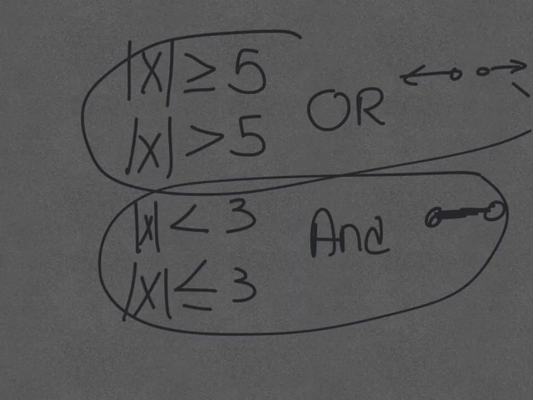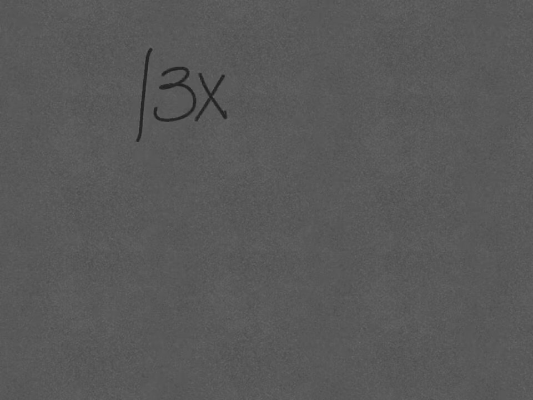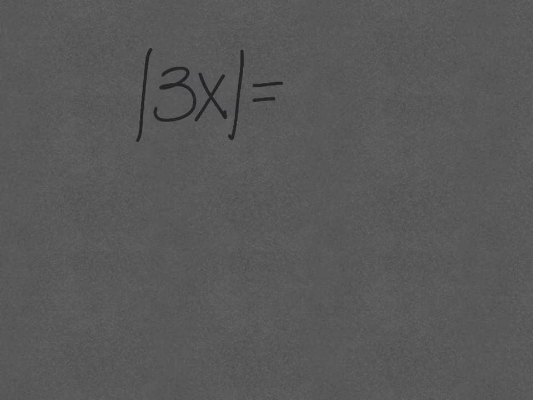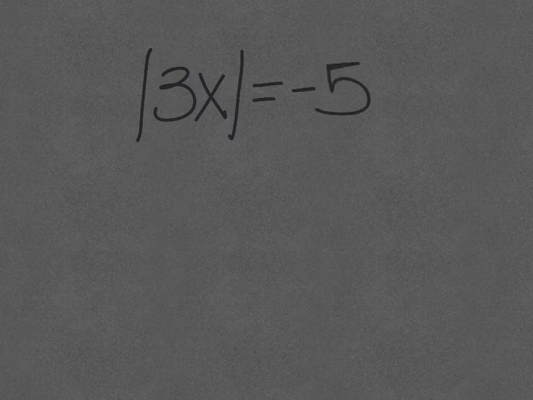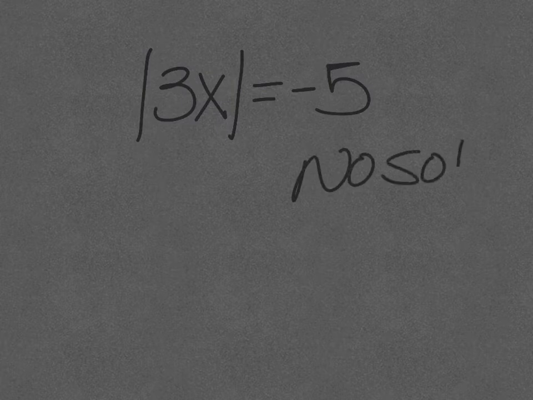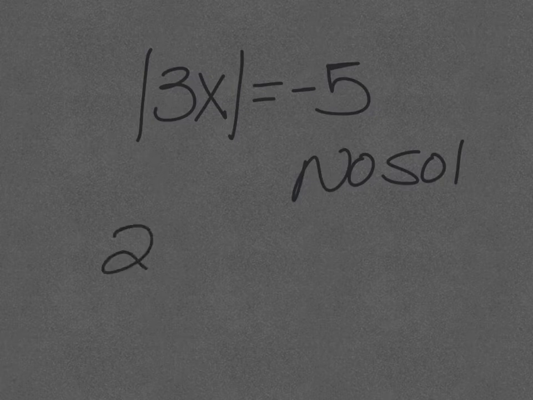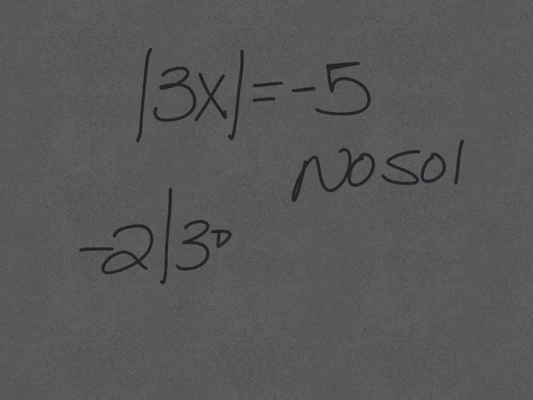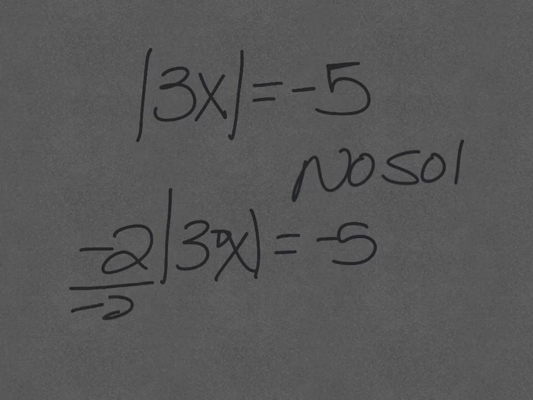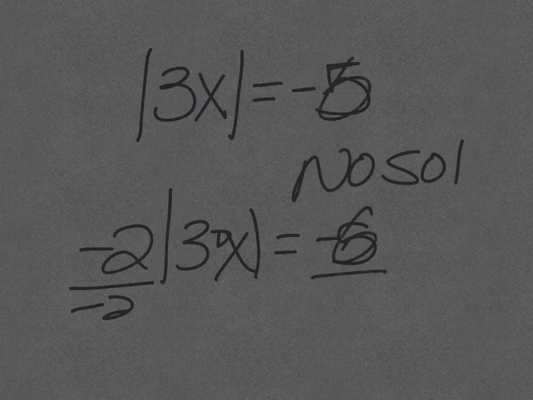One other thing about inequalities is that once you've got everything cleaned up, and it's still equaling a negative, then it's no solution. If I have something on the outside, just say like I had negative 2 times the absolute value of 3x equals negative 6. I'd have to clean up my yard first, right? So I'll divide by negative 2.